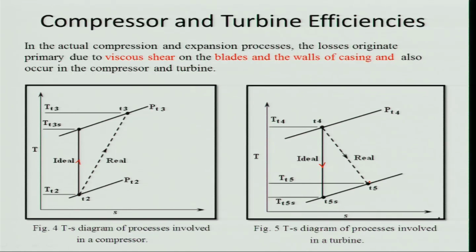It indicates that more amount of work will be produced for an ideal case for the same expansion ratio. In other words, less amount of work will be produced in the real situation as compared to the ideal one for the same pressure ratio of expansion, right. Compressor, it is the other way around. That means you need to give more amount of work in the real situation to produce the same pressure ratio.